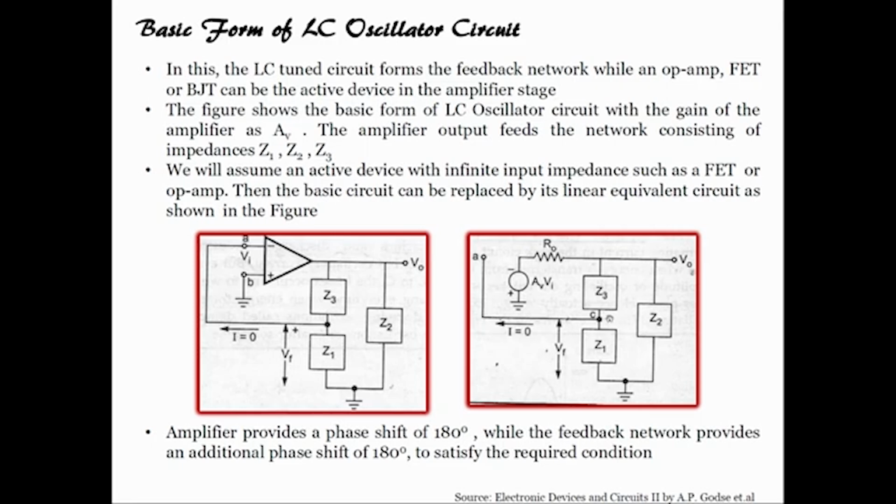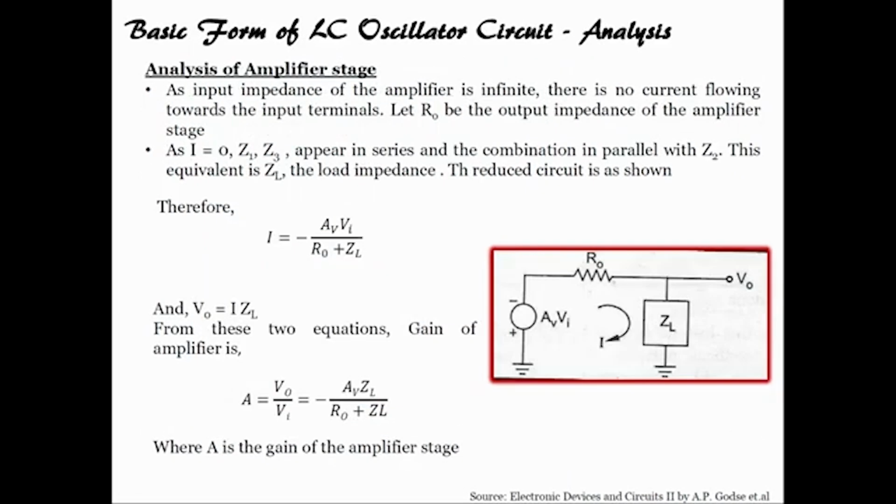See, its input impedance is infinite, and the amplifier provides a phase shift of 180 degrees because we are applying the signal at the inverting terminal. The feedback network that we will be using will provide another phase shift of 180 degrees to satisfy the required oscillation condition, that is, the total phase shift should be 360 degrees.